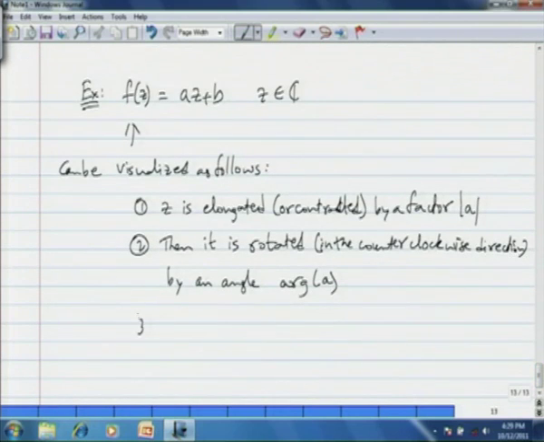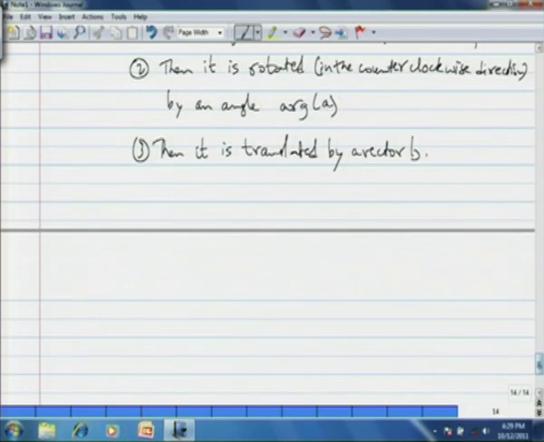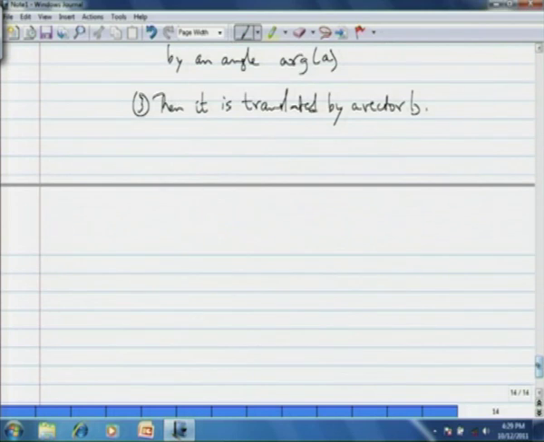Then it is translated by a vector b. So, this function f can be pictured as the combination of these three actions in that order, which is outlined there. So, that is another example.